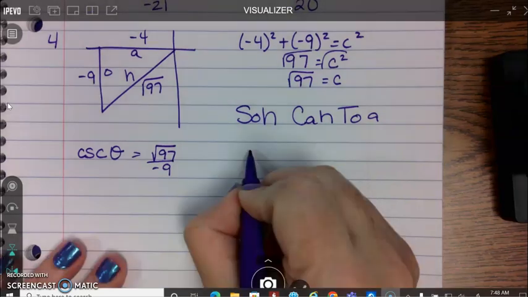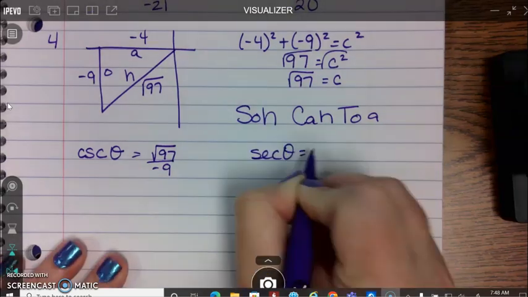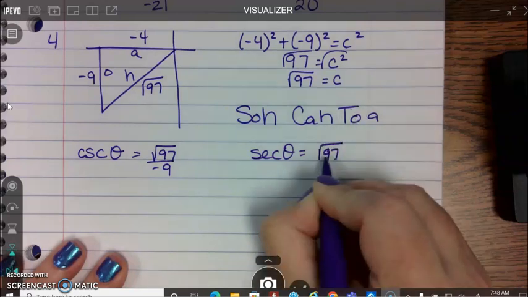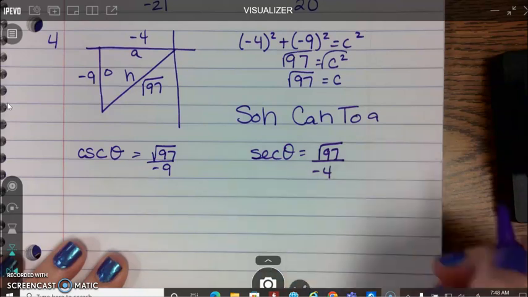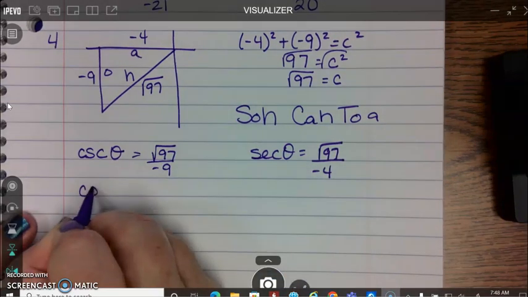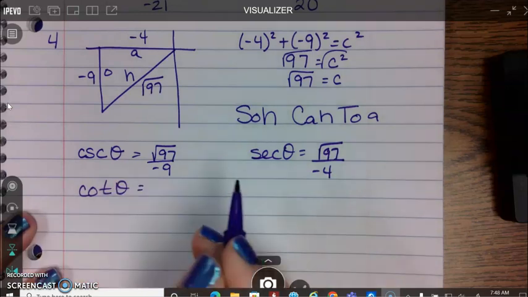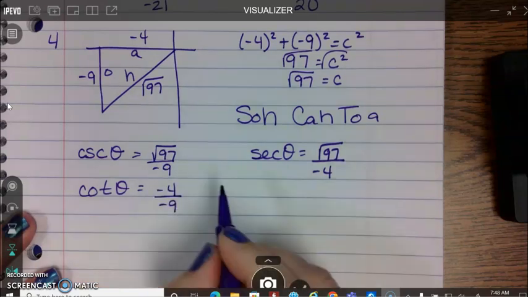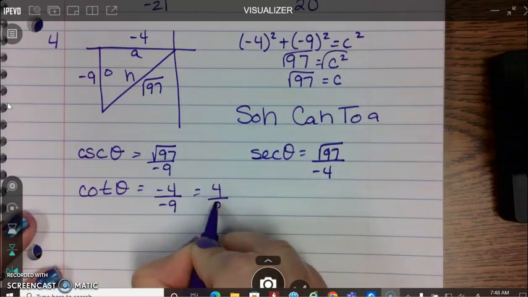Secant is h over a. And then, last but not least, cotangent would be a over O. Now, here we have two negatives, so we will make this a positive.